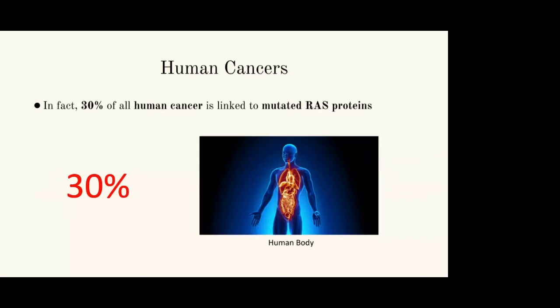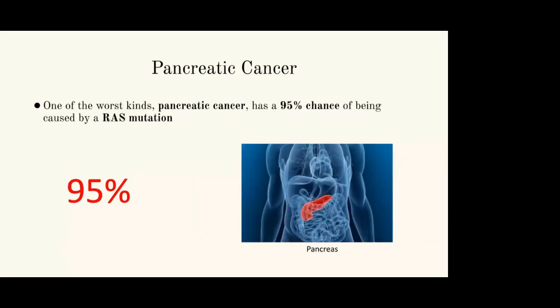But when there are mutations to this protein, there can be some pretty bad consequences. In particular, pancreatic cancer has a 95% chance of being caused by mutation to the RAS protein out of all the different proteins. So it's definitely pretty important to study this protein.